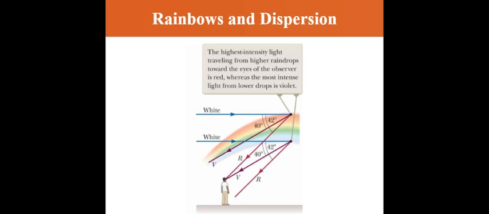suppose that there's a rain cloud, so there's raindrops throughout the sky. What will happen is that sunlight will hit all these raindrops, and it'll spread out the sunlight into different colors, and then it'll reflect the colors back towards the ground. Because the most intense colored light falls to the ground at different angles, different parts of the sky will reflect different colors towards your eyes.